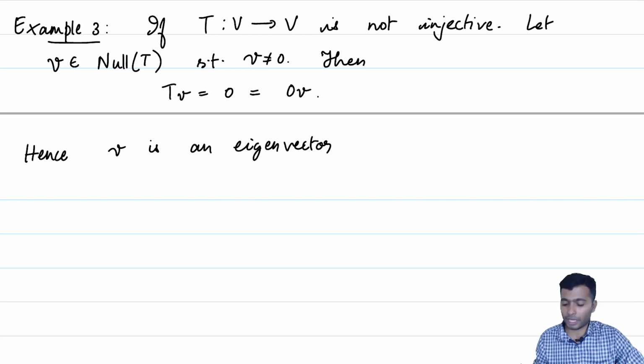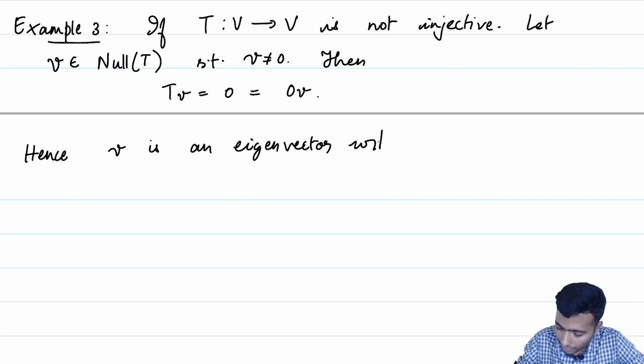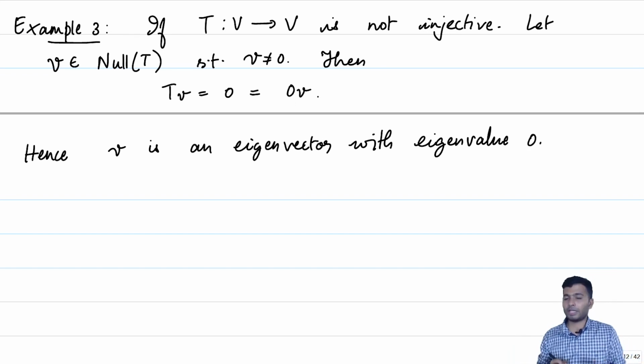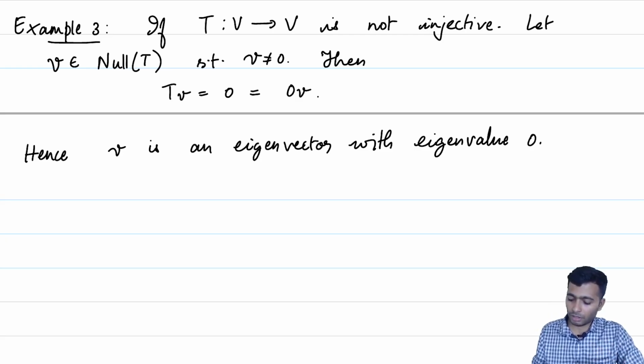And what is the corresponding eigenvalue? Eigenvalue 0. We have only demanded that the eigenvector should be non-zero. We have not demanded that the eigenvalue cannot be the zero scalar. So, v is an eigenvector with eigenvalue 0.